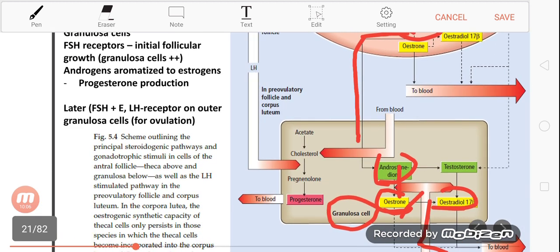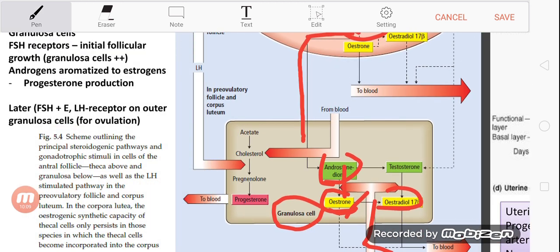The keyword here: at a later phase, before ovulation, the granulosa cells also will have LH receptors as well as FSH receptors. So they bind FSH and LH to produce much higher estrogen. Eventually that elevated estrogen will influence the secretion of the LH surge that causes ovulation.